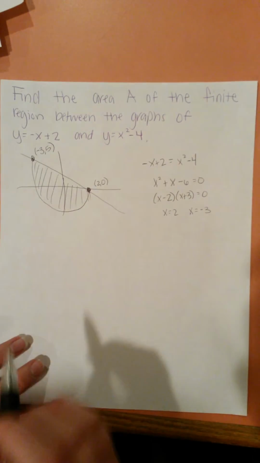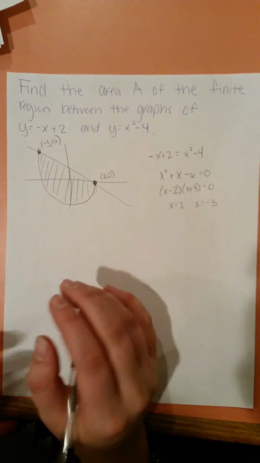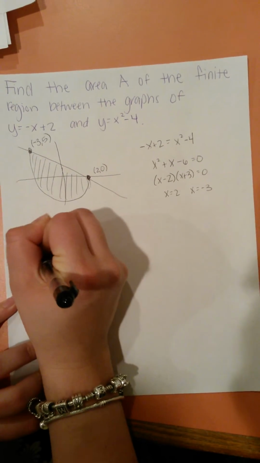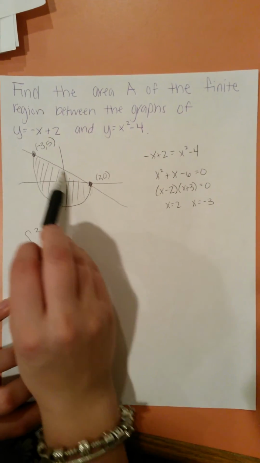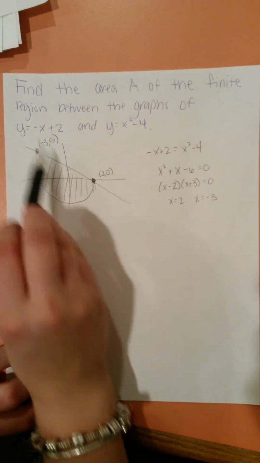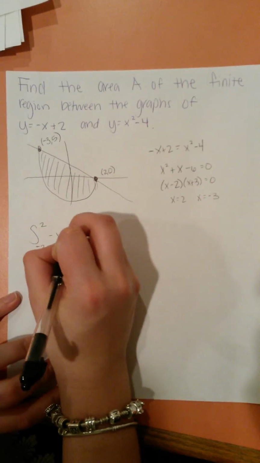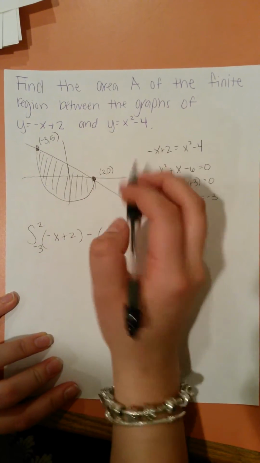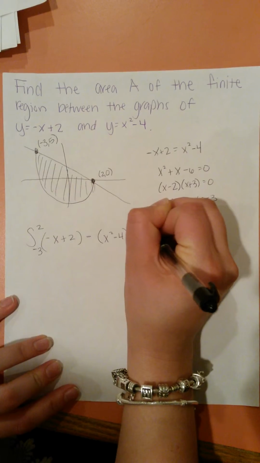To find the area, you take one integral from negative 3 to 2 of the top graph, which is negative x plus 2, minus the bottom graph, x squared minus 4, dx.